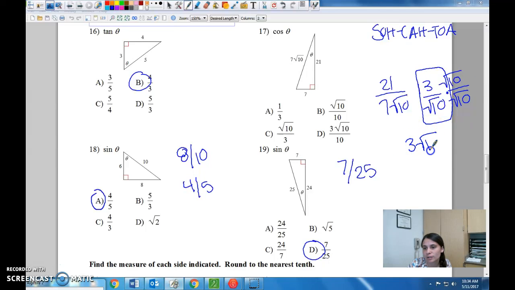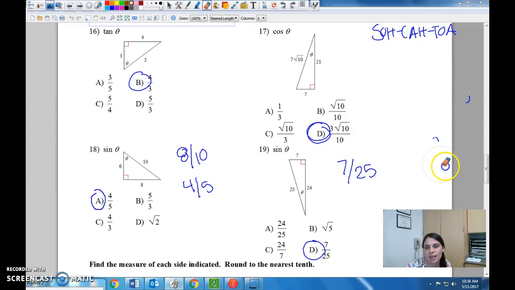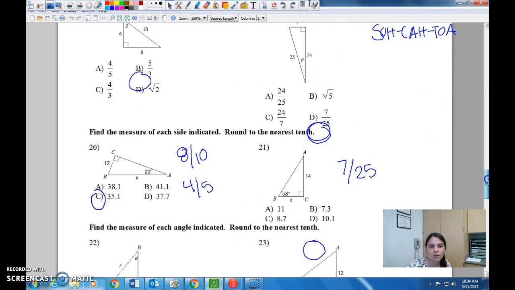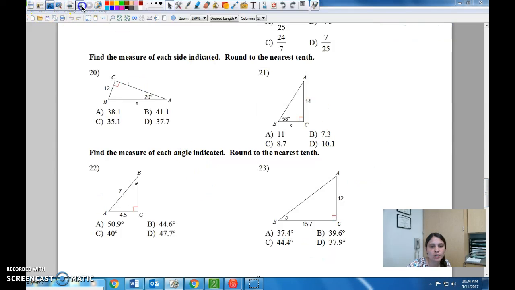So you'd have 3 square roots of 10, and then the square root of 10 times the square root of 10 is just 10. So the correct option is here. I just didn't teach you how to simplify it that way, so on your final you will not have to simplify it in that way. And then I'm going to go ahead and start the next video with 20 through 23.